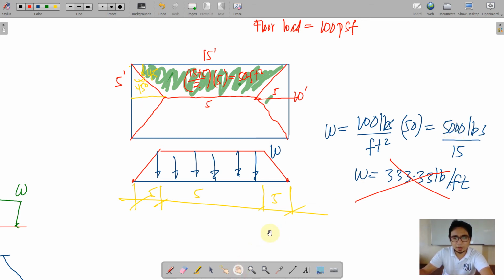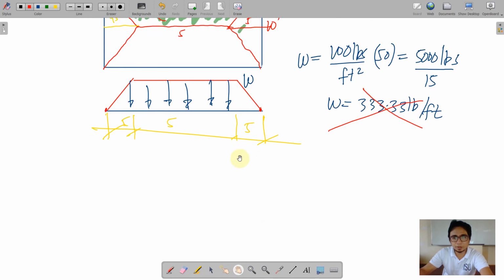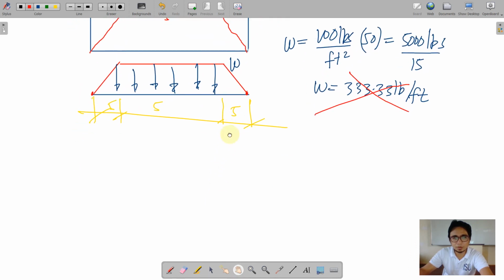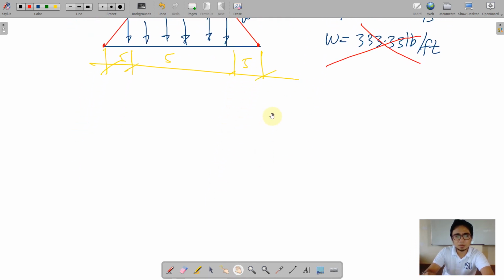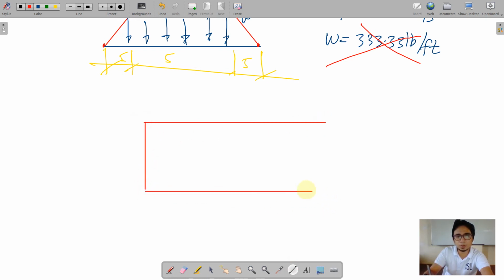So the correct way to do this is to divide your slab, or split it along the short direction, just like on the one-way slab.